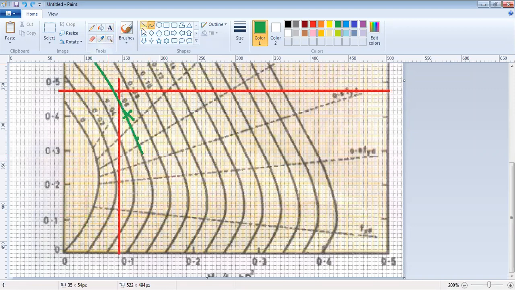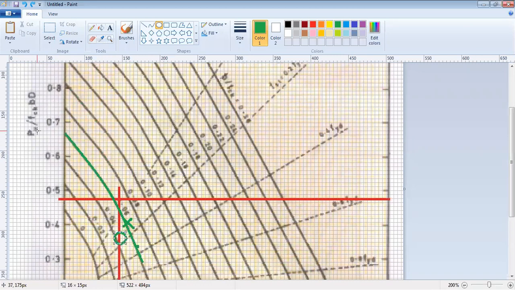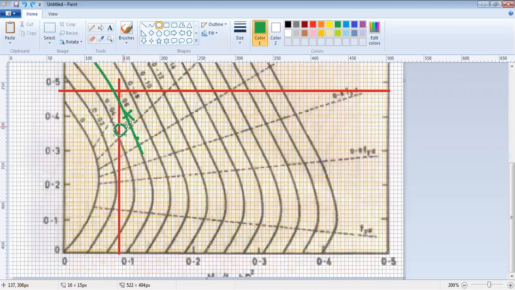So your strength of the sample should be such that you ensure that your Pu is always less than this curve. If the interaction of Pu to Mu is less than this curve, then your design will be safe.